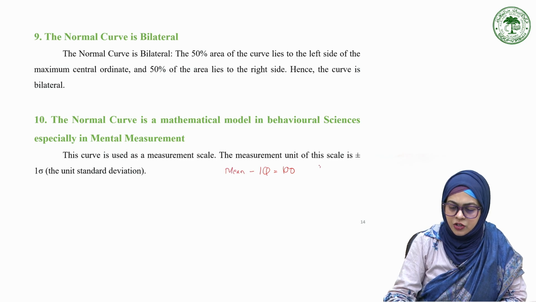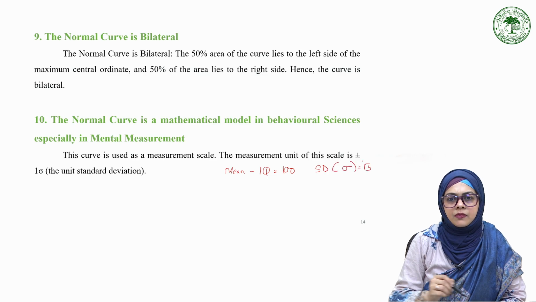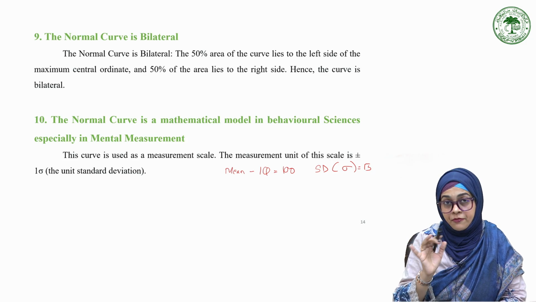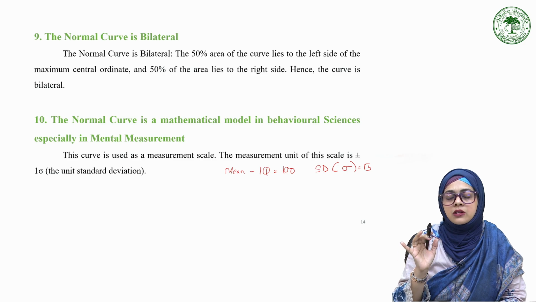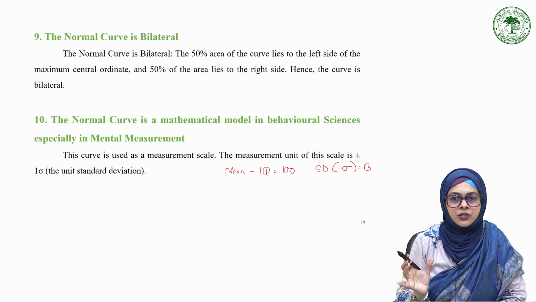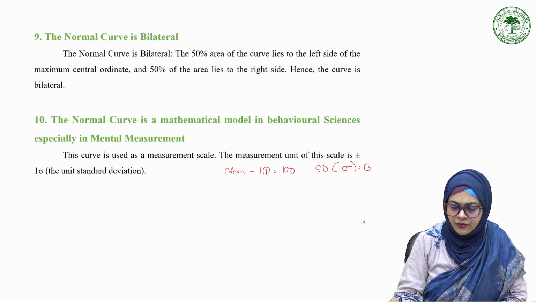And the standard deviation is 15. So, if you want to estimate, through the empirical rule formula, how many people will have an IQ in the first standard deviation, meaning between 85 and 115.